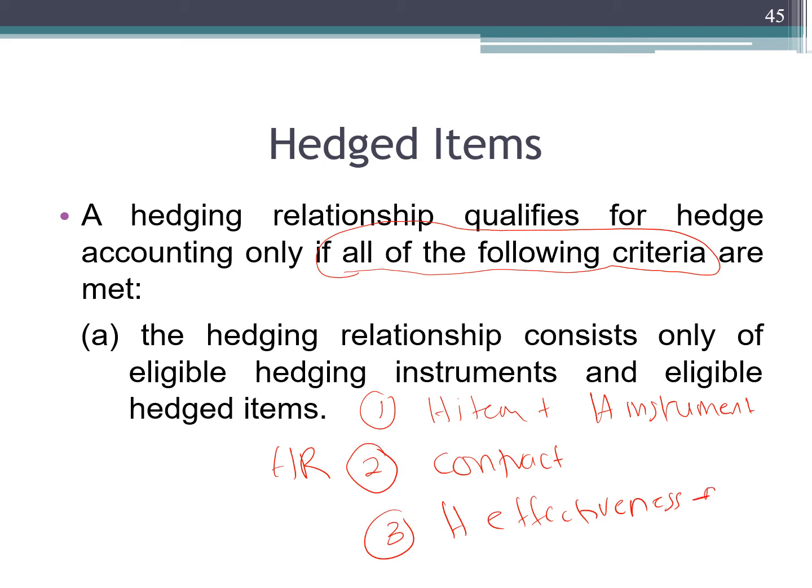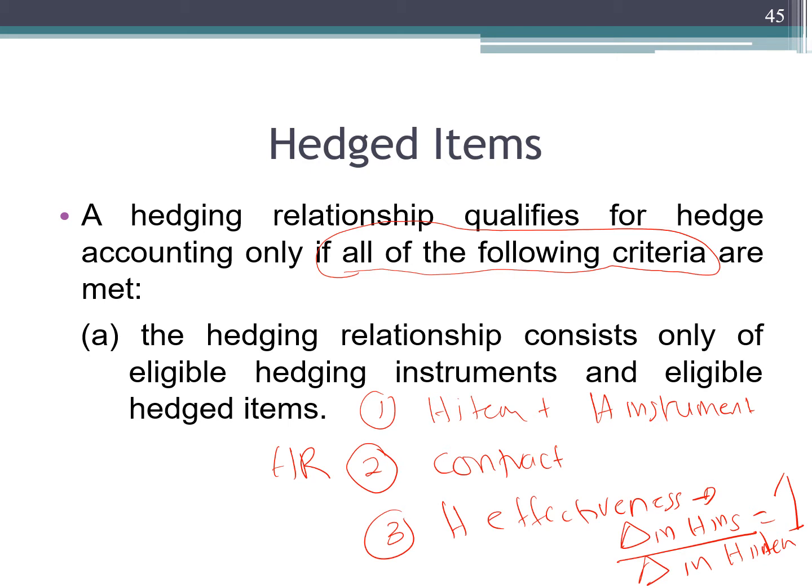For the hedging effectiveness, we need to test. We have to make sure that the changes in the hedge instrument's value divided by the changes in the hedge item should equal 1.